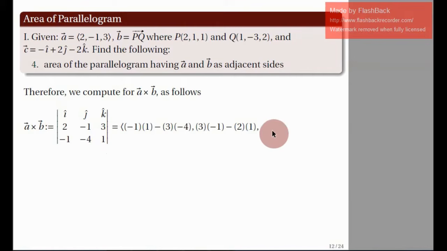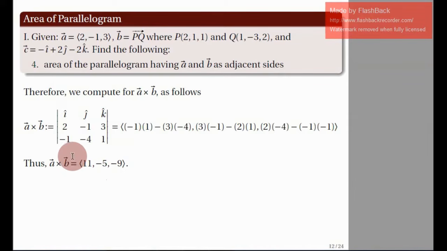Finally, for the third component, we encircle k hat, cross out the corresponding row and column, and get the determinant for the third component. So we have here 2 times negative 4 minus negative 1 times negative 1. Third component because the answer is multiplied to k hat. Simplifying, what we get for the cross product is this vector here.